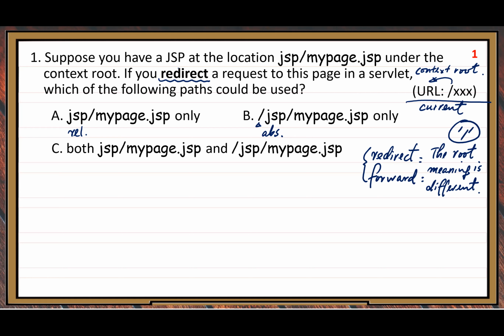So here you can see the root is different, so the result for the absolute URL is different. But for relative URL, same.